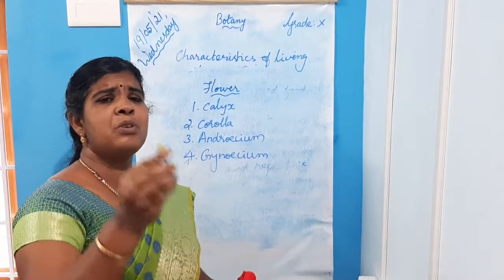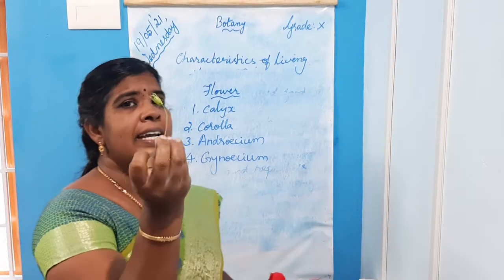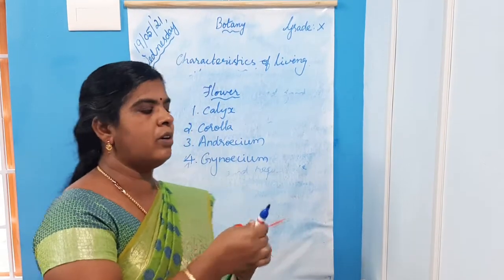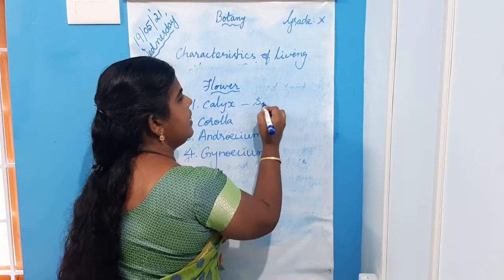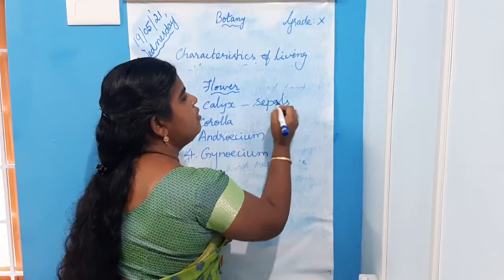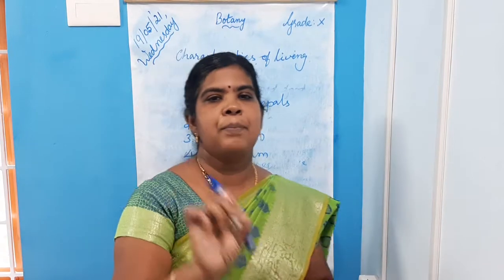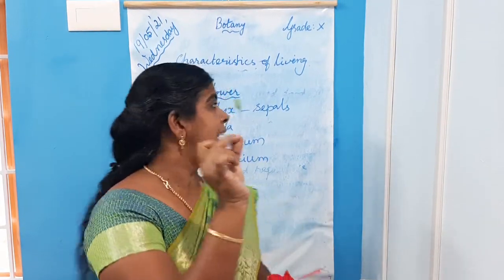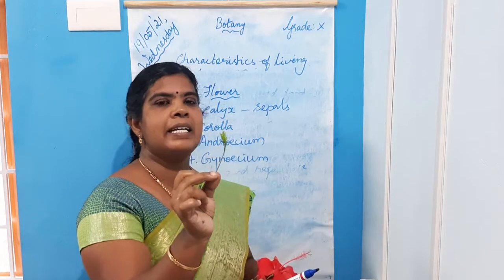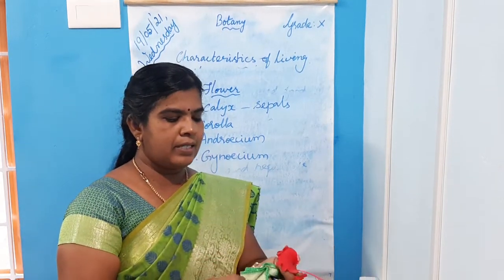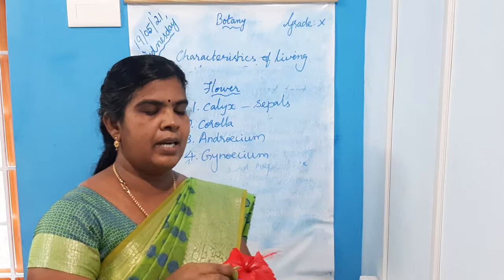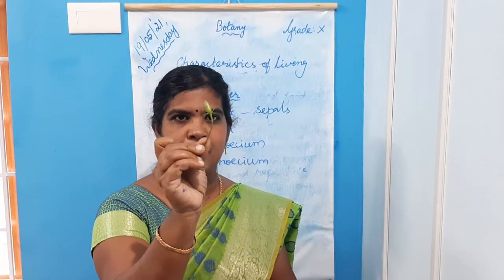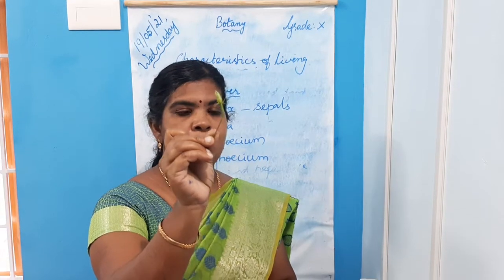The outermost whorl of the flower is called calyx, and it consists of the individual units called sepals. These sepals are green in color. Here is the bud. The calyx protects the flower when it is a bud.